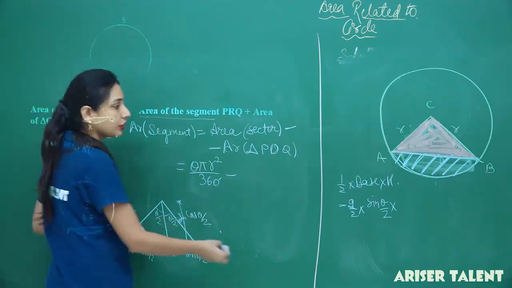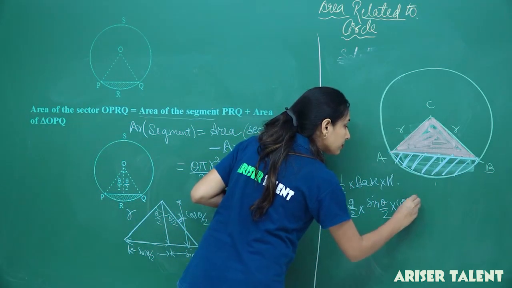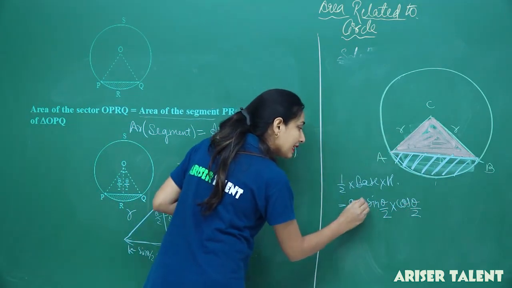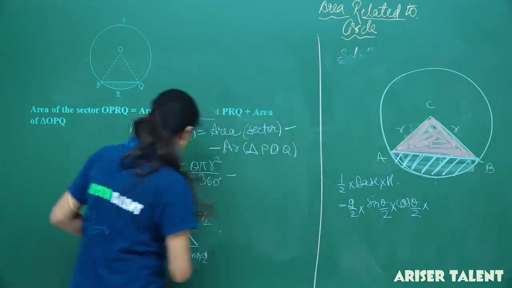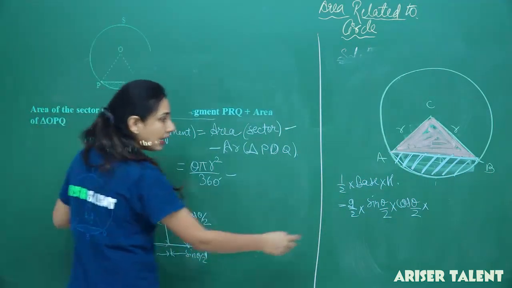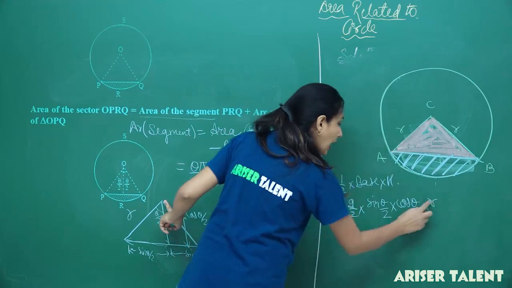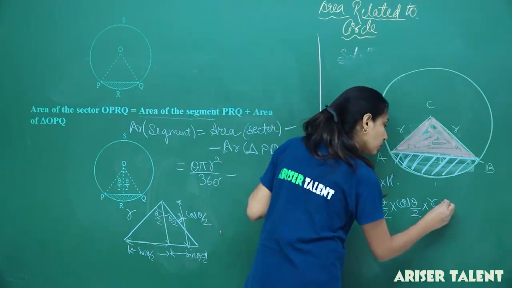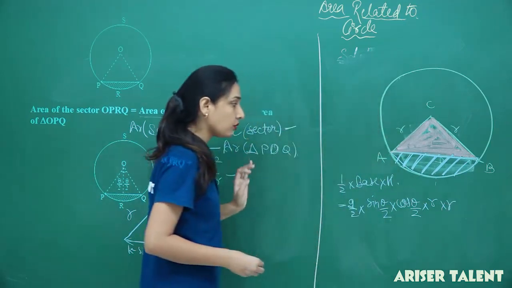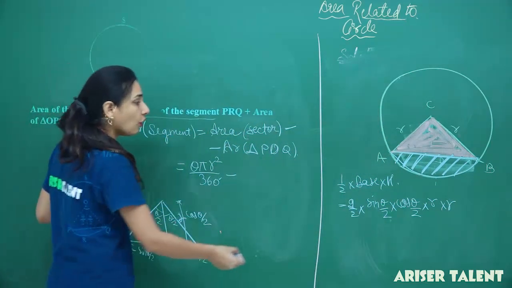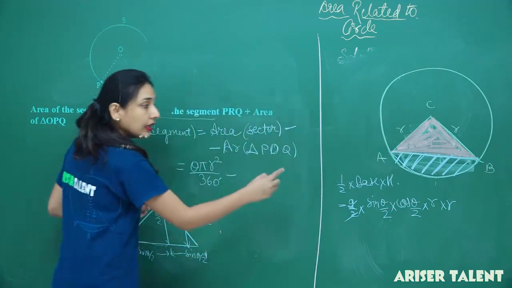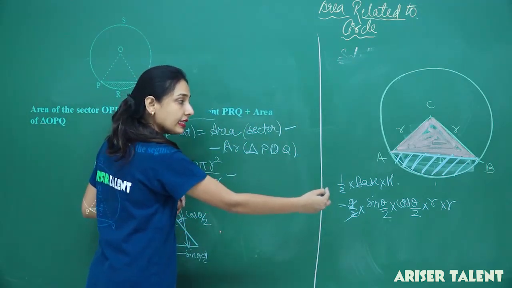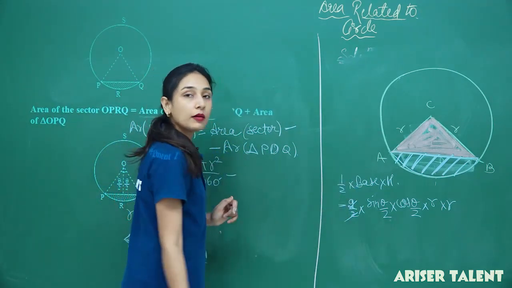Now height is cos theta by 2. Multiplying in R, because this radius is R, the component will be R sin theta by 2 and R cos theta by 2. So that will eventually give you R square sin theta by 2 cos theta by 2.